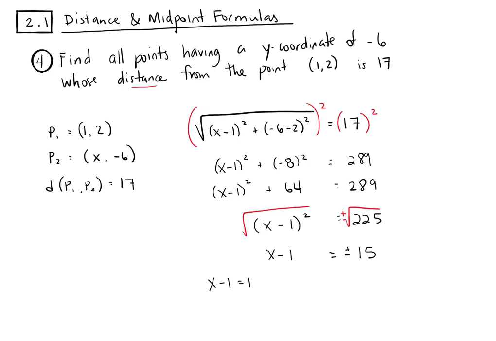X minus 1 is 15, and x minus 1 is negative 15. I'm going to add 1 to both sides. I'm going to get 16. I'm going to get negative 14. So my 2 points would be 16, negative 6, or negative 14, negative 6. And those are both points that have a distance from the point 1, 2. The distance is 17.